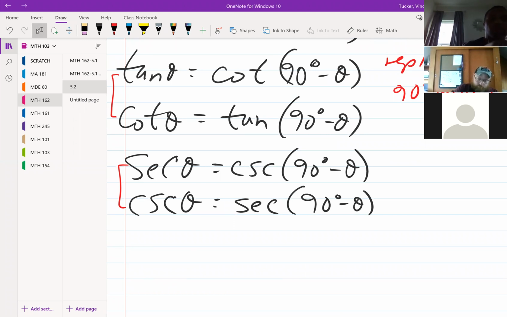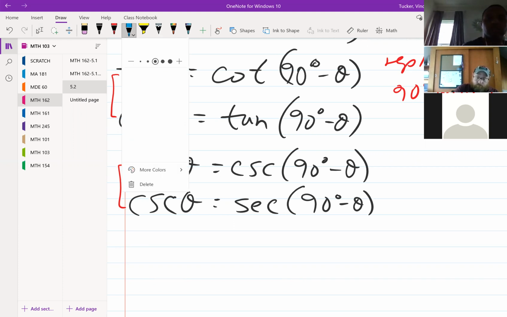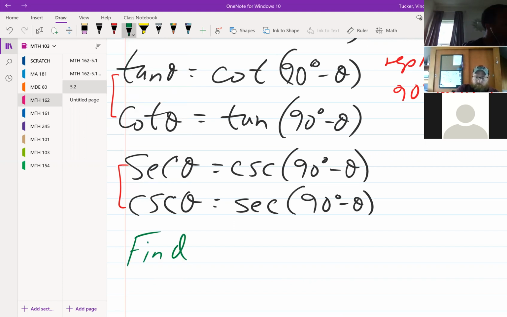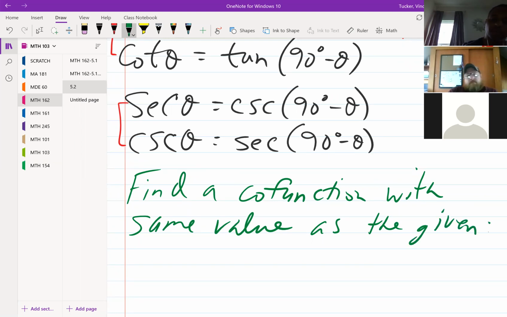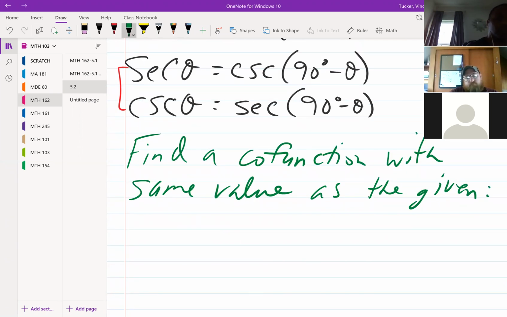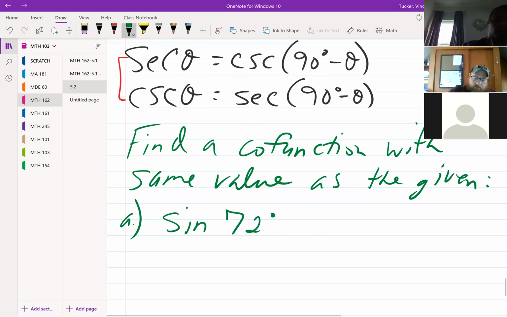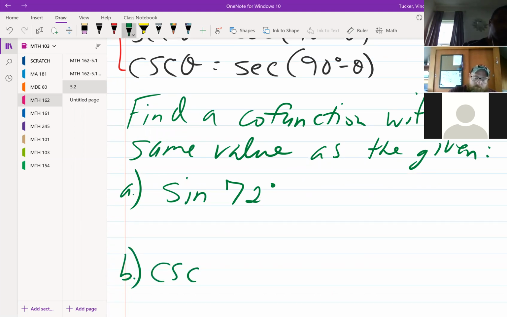All right, so we want to find a cofunction with the same value as the given trig functions.